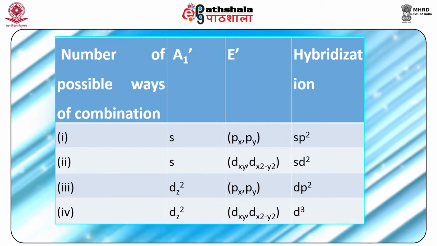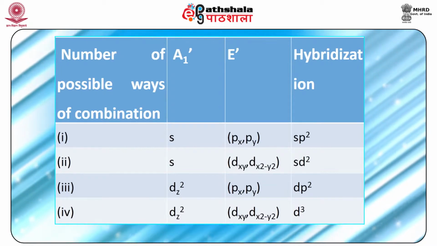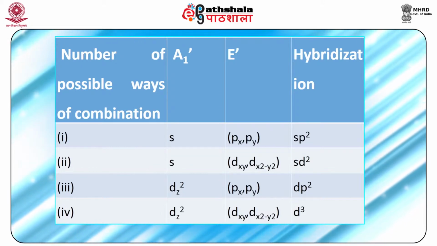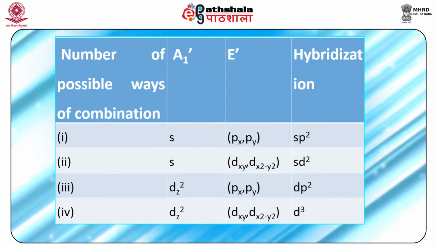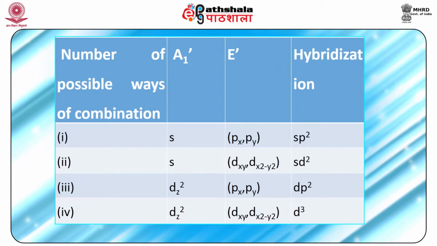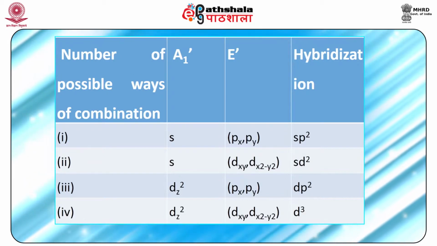So we get sp2 hybridization. The second combination is the s orbital of A1' symmetry with dxy or dx²-y² of E' symmetry, and the hybridization is sd2.